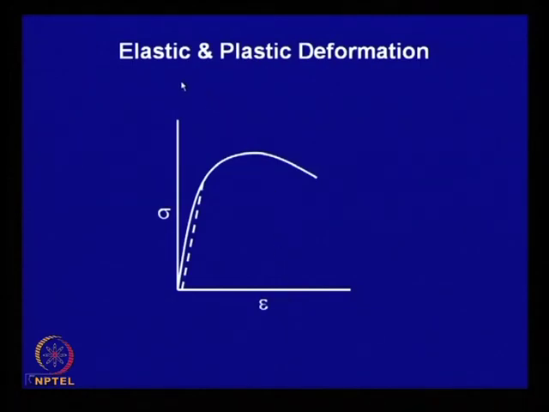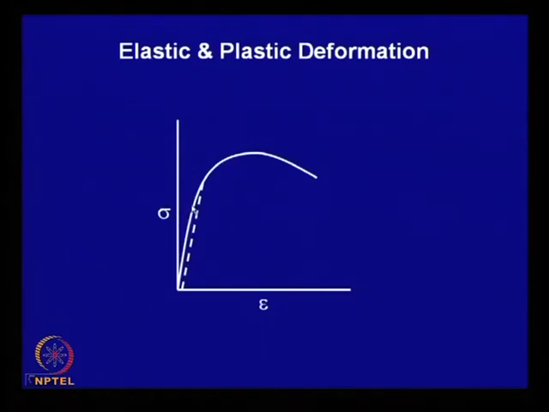Now, to recapitulate the difference between elastic and plastic deformation, you are already familiar with this type of stress strain plot, which we normally perform to find out strength of material, and we looked at it in detail and the type of information that you get from this kind of test. This part of the stress strain diagram represents elastic deformation.